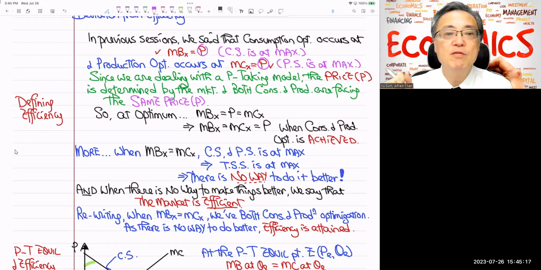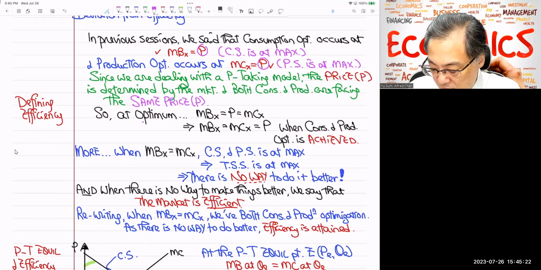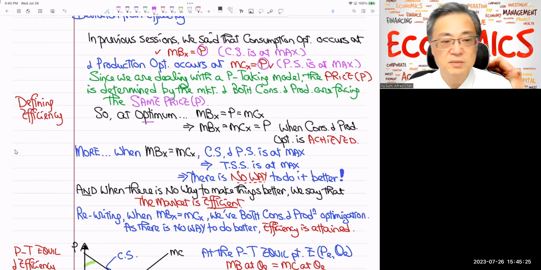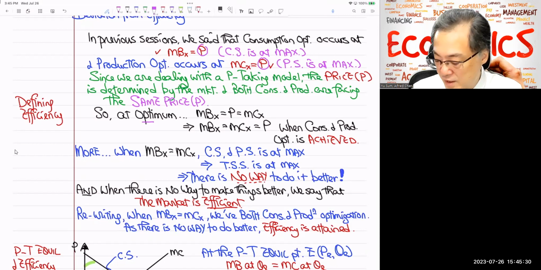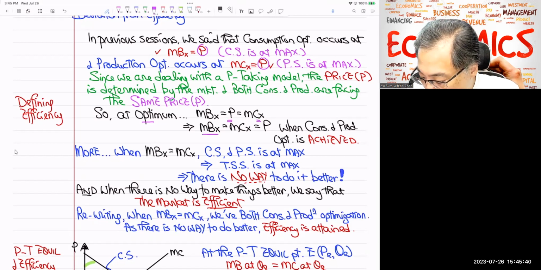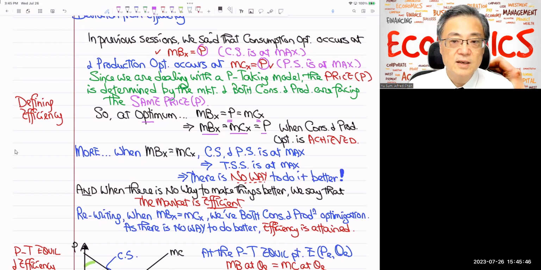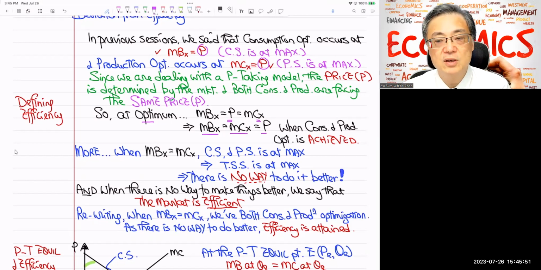So we integrate everything at optimum: consumption optimization and production optimization. We have MB of X equals market price equals MC of X. Rewriting, MB of X equals MC of X equals P. This is when consumption and production optimization are both achieved.